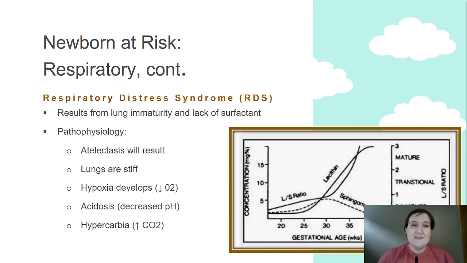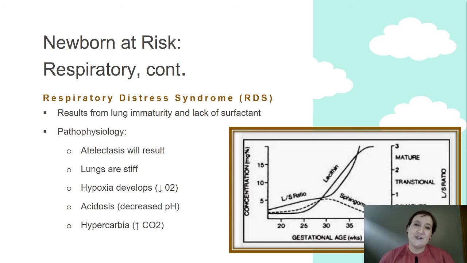We can also have atelectasis that occurs because we don't have that surfactant. So there's that stiffening of the lung tissue. You can also see preterm babies who have grown up and are in their teens. You can see scarring from a lot of these episodes where they've had stiffening of the lung tissue that led to pneumonia or something later on in life.